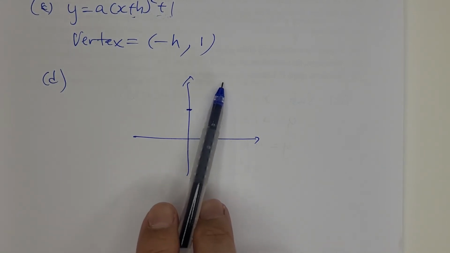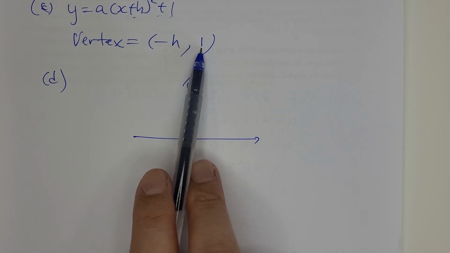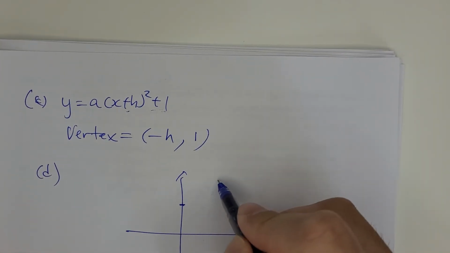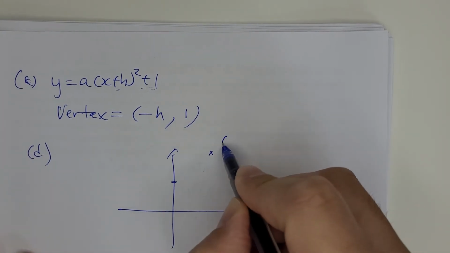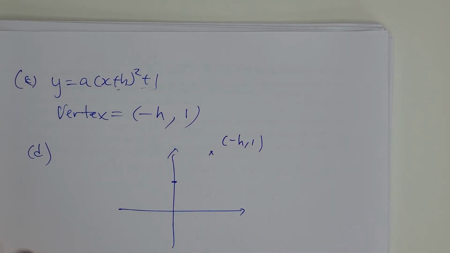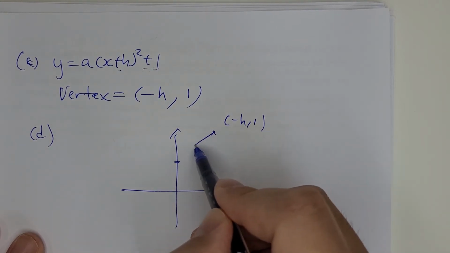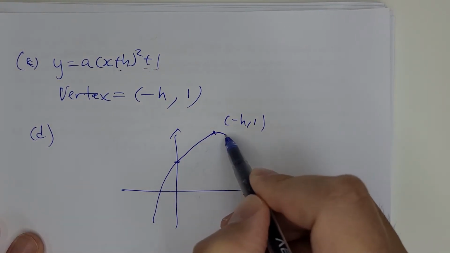Also, the y coordinate of the vertex is positive. That means it goes up. So the vertex is something like here. Negative h, 1. And there's a positive y-intercept. So after you sketch this, it will form something like that.